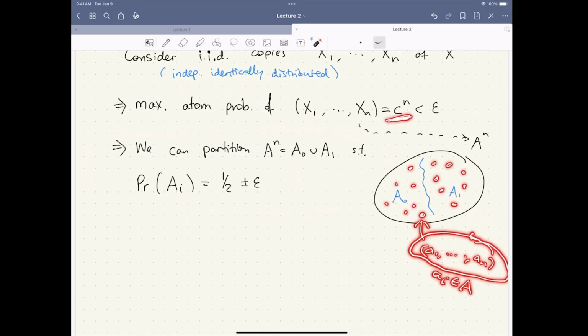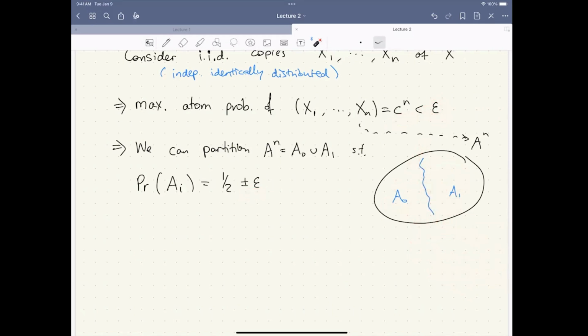Now we group them up. Each one is at most C to the n, which is at most epsilon. You group them up into two groups. Each little guy has a measure less than epsilon. We can then cut them into two parts where it's roughly 1/2 up to epsilon. If they are more than epsilon apart, you move one guy to the other side to balance things out.